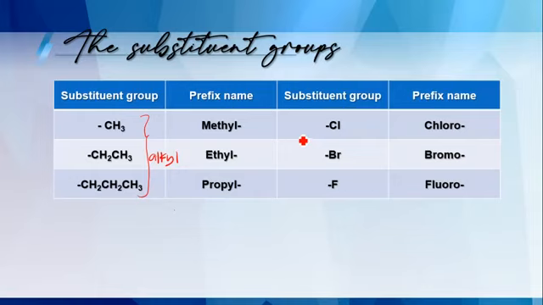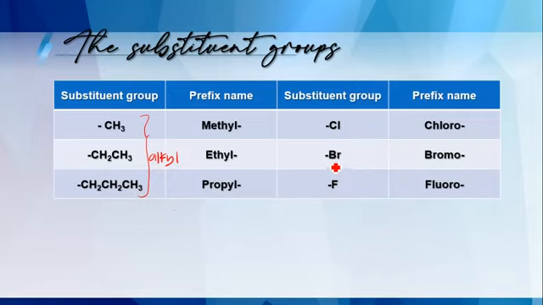Or we can also have the substituent group. Basically, a substituent group can either be an atom or a group of atoms. In this case, this one is an atom, so it comes from the halogens: chlorine, bromine. These are just 3 examples.